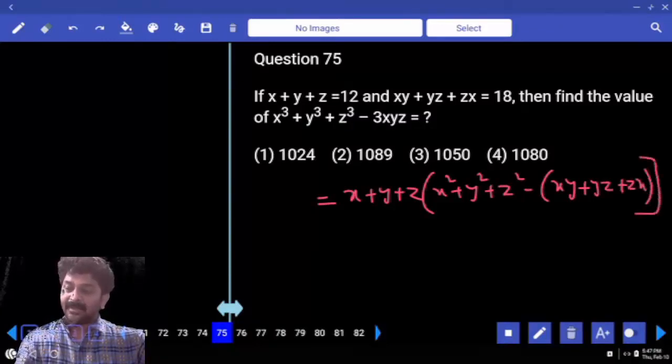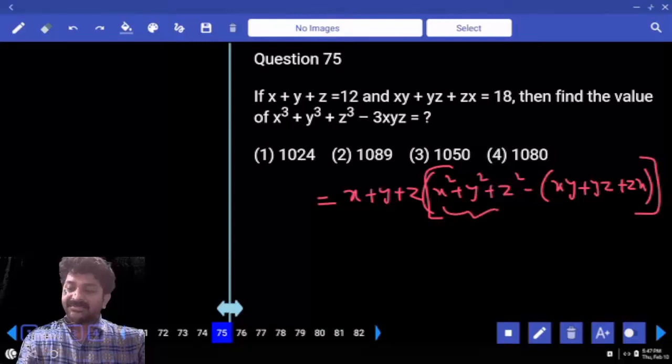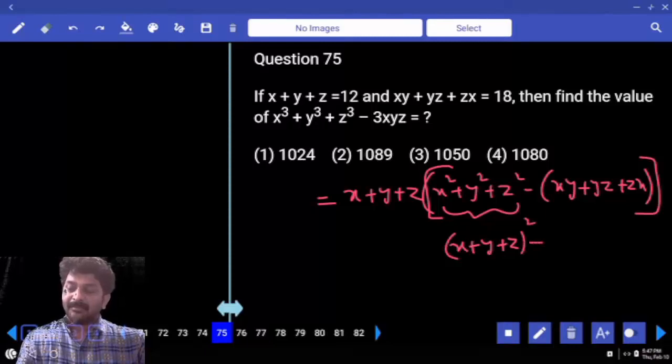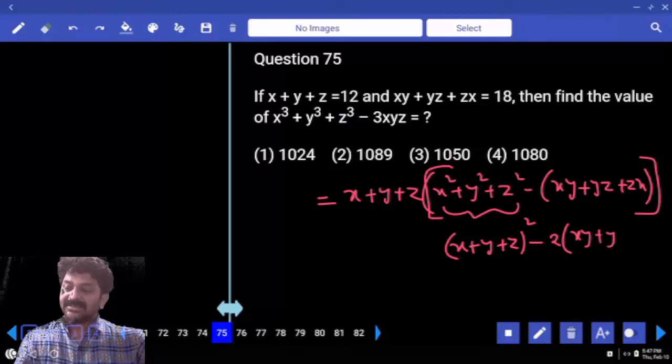Again, this we can write as (x plus y plus z) whole square minus 2 times (xy plus yz plus zx).